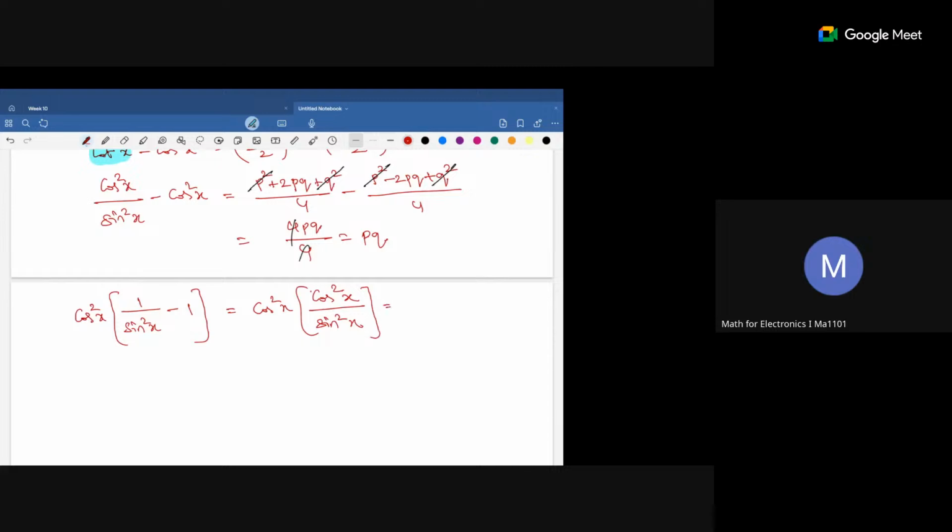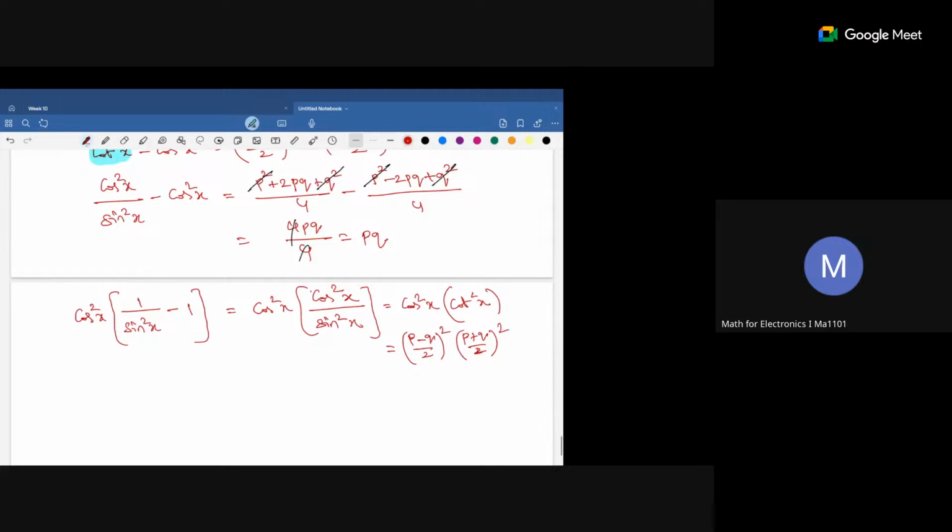So this is cos square of x into cot square of x. What is cos square of x? It is ((p minus q) by 2) whole square, and cot square of x is ((p plus q) by 2) whole square.